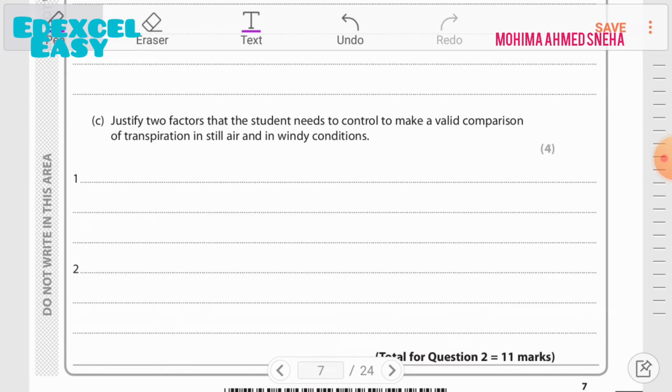And temperature always affects the rate of evaporation, so we have to control the temperature for both plants to make it a valid comparison. So let's write it down.